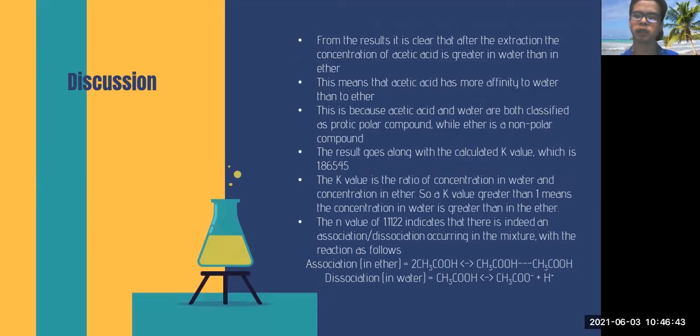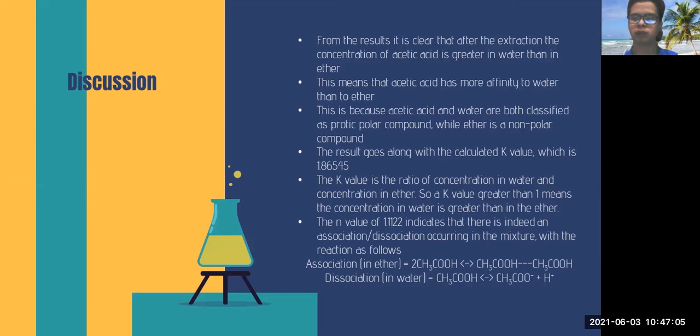This means that acetic acid has more affinity to water than ether. This is because acetic acid and water are both classified as polar protic compound, while ether is classified as a non-polar compound. This result goes along with the calculated value of K of 1.86545.